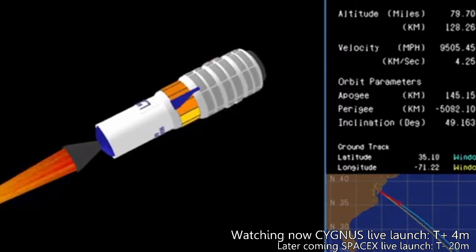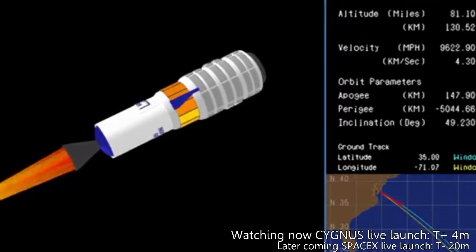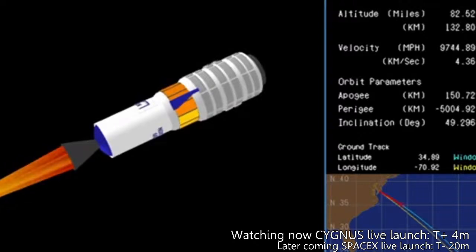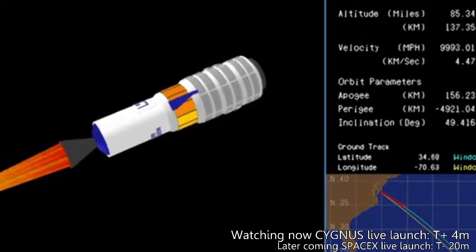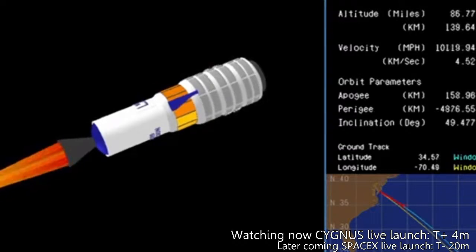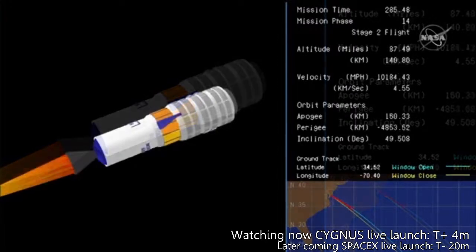Attitude nominal. Attitude nominal, vehicle subsystems nominal, 140 kilometers.